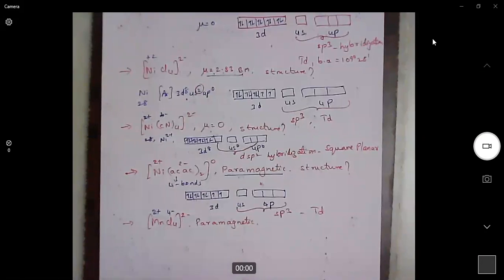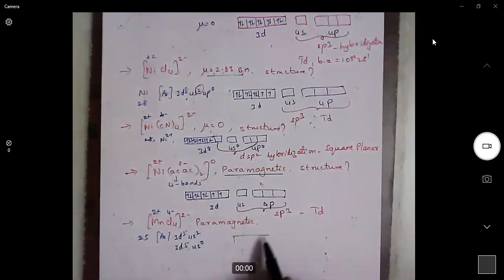Tetrachloromanganate(II) ion. Now manganese, atomic number 25, electronic configuration 3d5, 4s2, but it is +2 oxidation state. We need to remove those 2 electrons in s orbital. So it is 3d5.